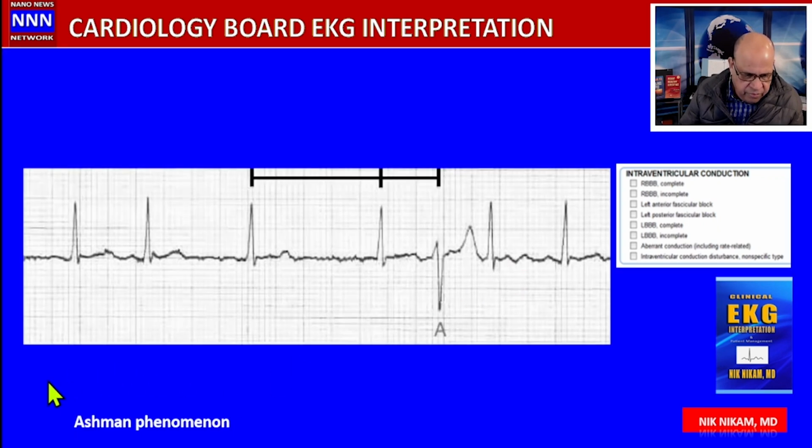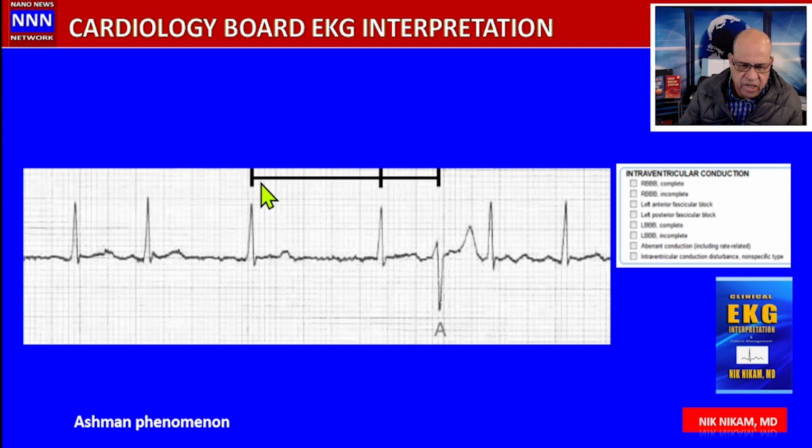All right. And another phenomenon that we see is a bundle branch block pattern in a supraventricular beat that follows a long RR cycle, which is generally seen in patients with atrial fibrillation with variable ventricular response, where we have varying RR intervals.